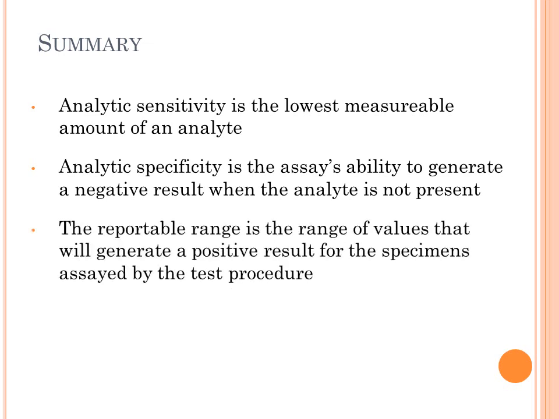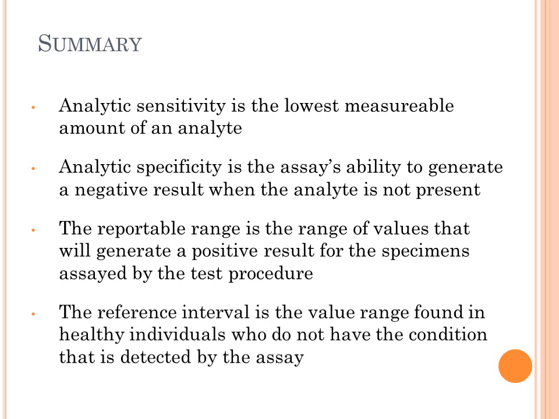The reportable range is the range of values that will generate a positive result for the specimens assayed by that test procedure. The reference interval, or normal, is the value range found in healthy individuals who do not have the condition that is detected by the assay. And always keep in mind, normals vary from method to method, lab to lab, population to population.